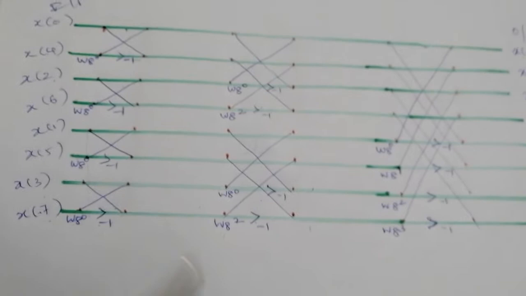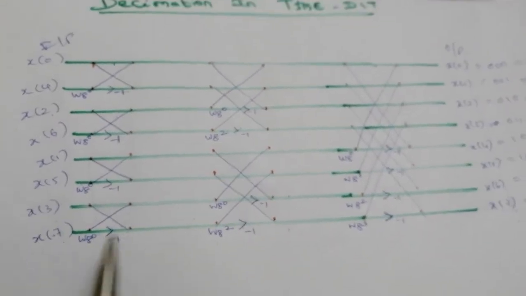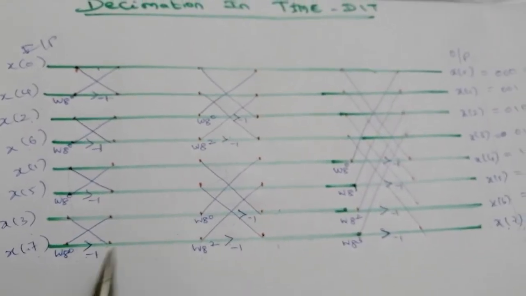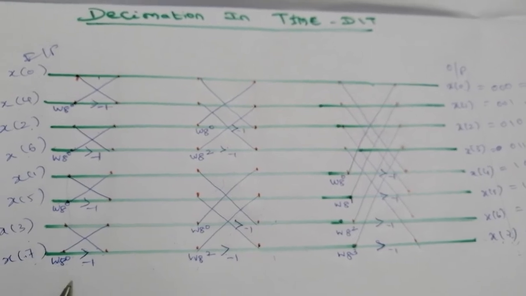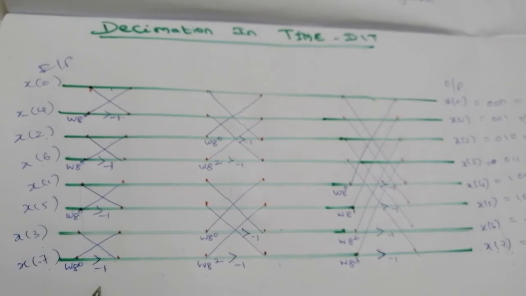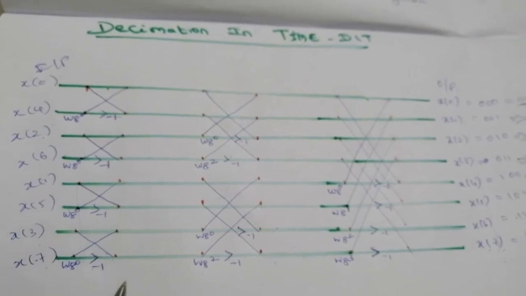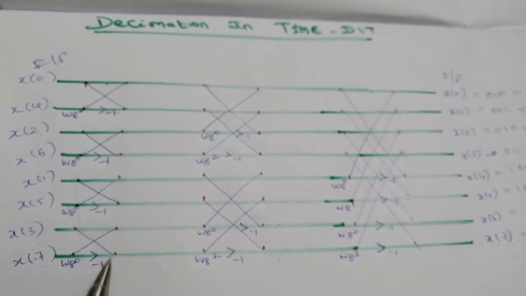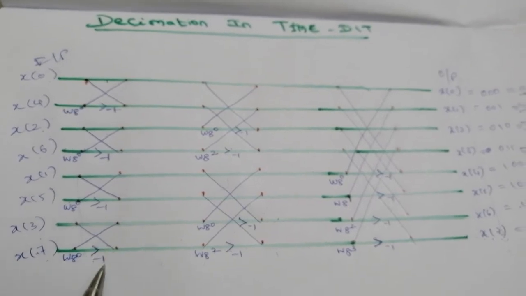Okay, so this is the basic butterfly diagram of DIT. Once the diagram is clear, then we can easily solve the problem, right? Is this diagram clear? I hope you all understand this diagram concept.